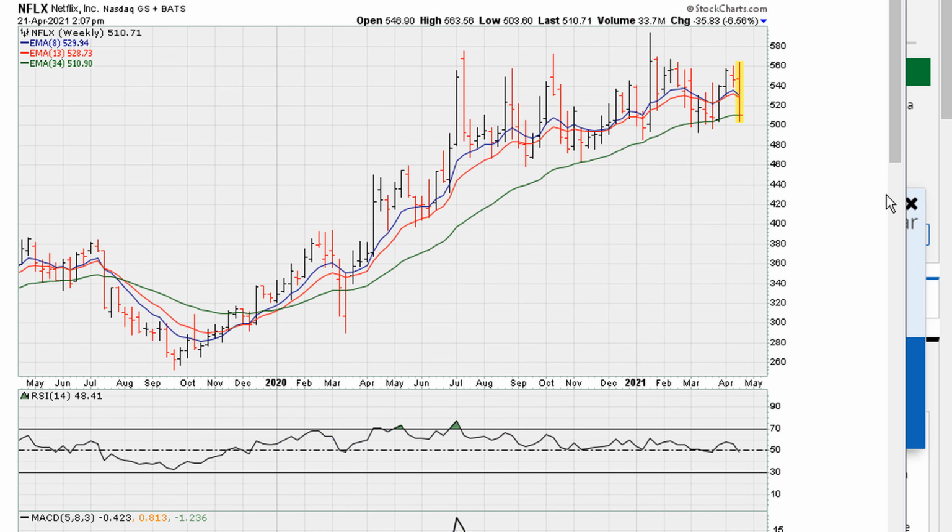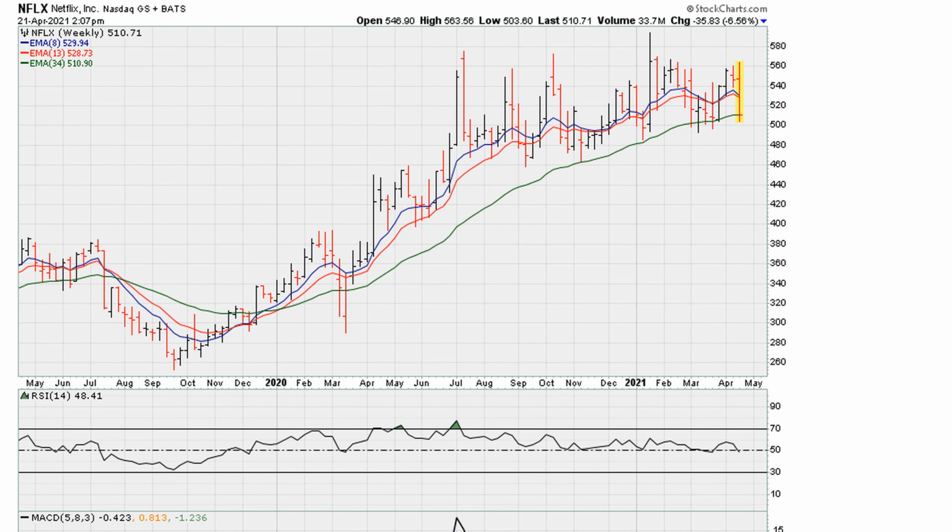Let's take a look at one more, and it is Netflix. So we can see a weekly closing high there. So what we do is figure out where there's a weekly closing low. This is a long base. Weekly closing low there. So we have a base. We can call it a search.